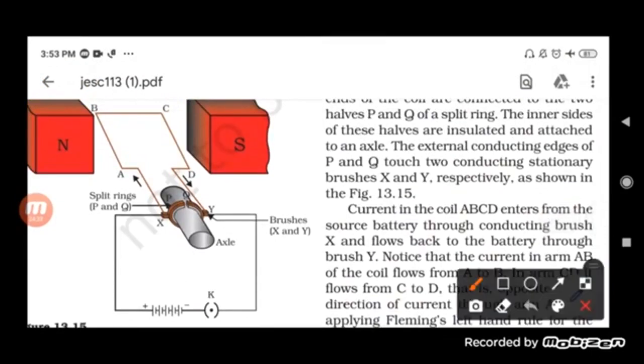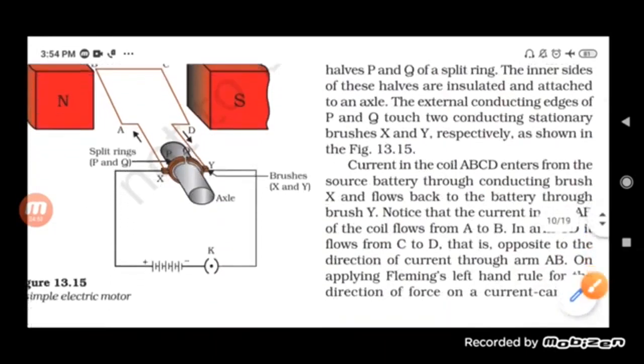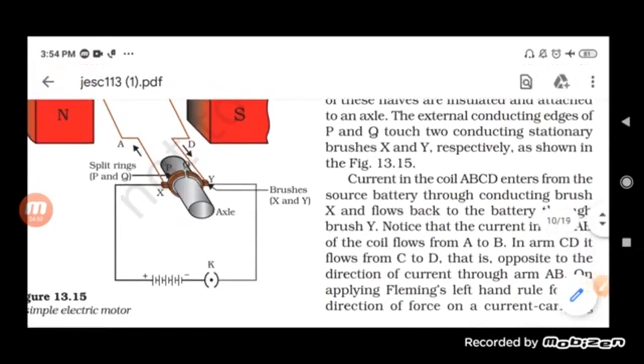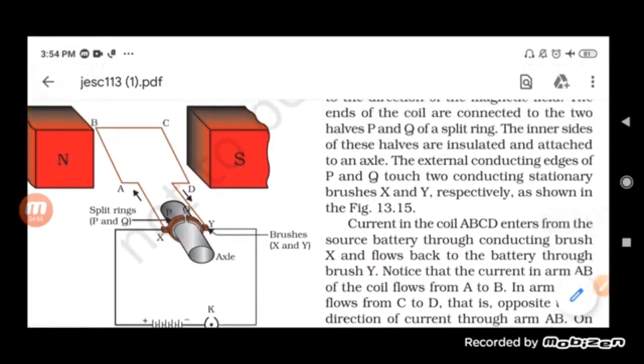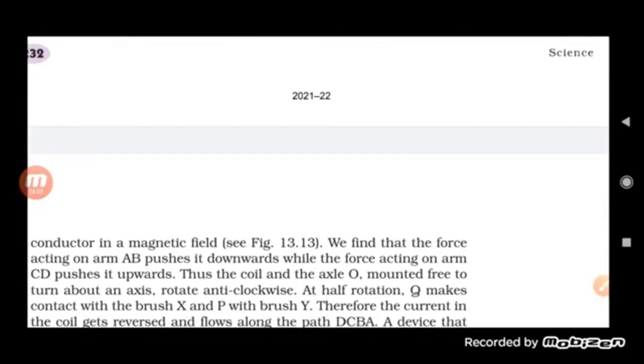It will enter into the rectangular coil and go from AB and then reach CD. When the current goes from AB to CD, at AB we can apply Fleming's left hand rule. The direction of the current will be downward, so the force acting on arm AB pushes it downward.